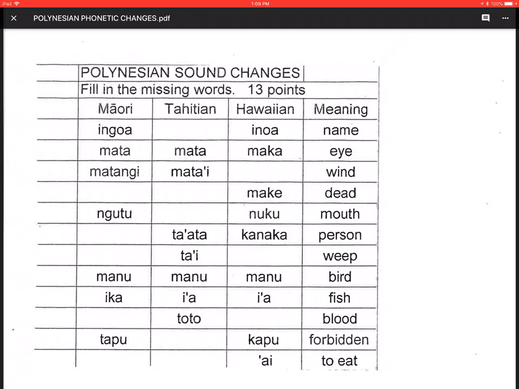Because G and K are actually related sounds. They're both made in a similar part of the mouth, but the G is a voiced consonant and the K is unvoiced. Essentially, that means that when you say the G sound, there's a little vibration, whereas K doesn't have that vibration of your vocal cords.